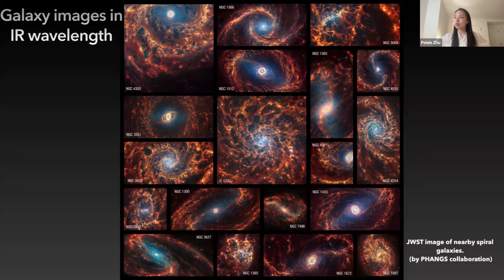What this image shows us is that with GAAC, first of all, this image looks apparently redder than the first one. The reason is that GAAC is observing in infrared wavelengths. So it's red, as you can imagine, compared to the optical image in the first slide. The second part is that you can see lots of filament and bubble structures, especially near the galaxy center.